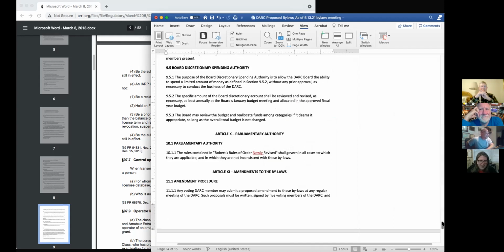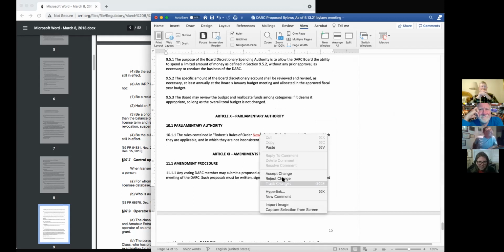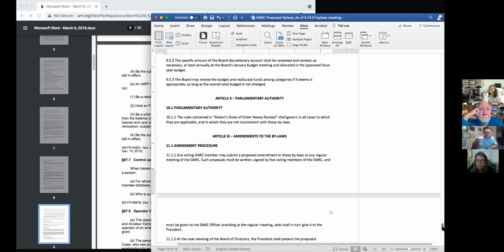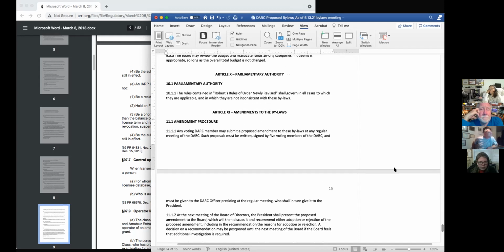All right. Article 10, Parliamentary Authority. 10.1, Parliamentary Authority. 10.1.1, the rules contained in Robert's Rules of Order, newly revised, shall govern in all cases to which they are applicable and in which they are not inconsistent with these bylaws. Kind of straightforward. And is that the correct revision, newly revised?